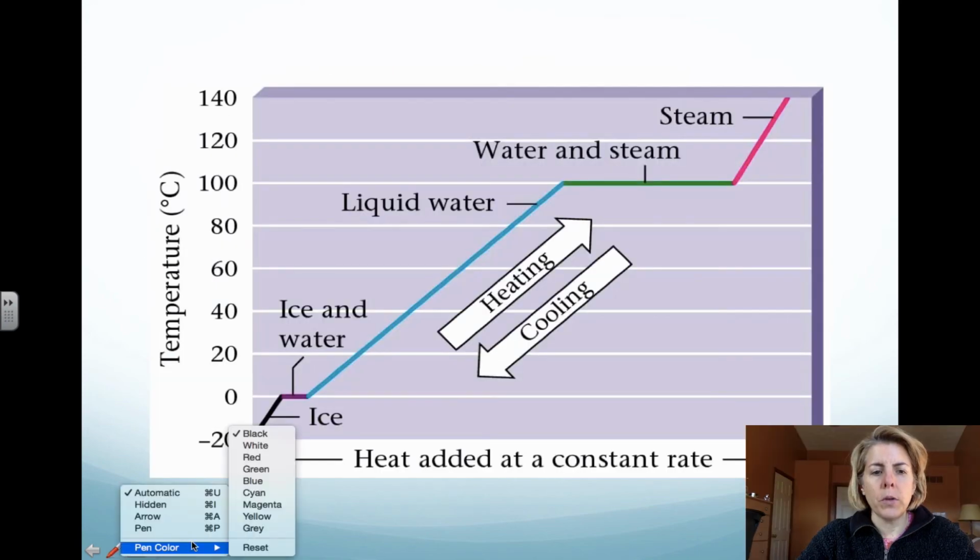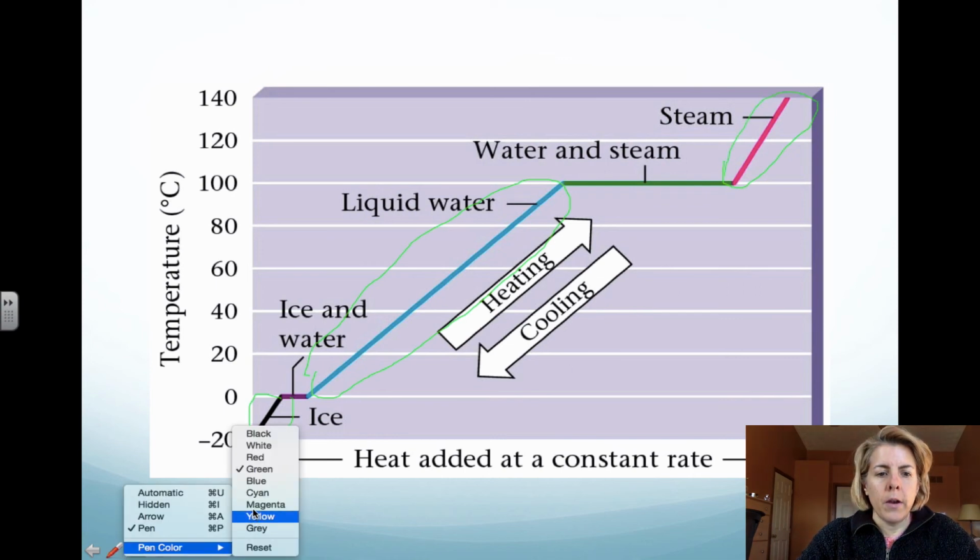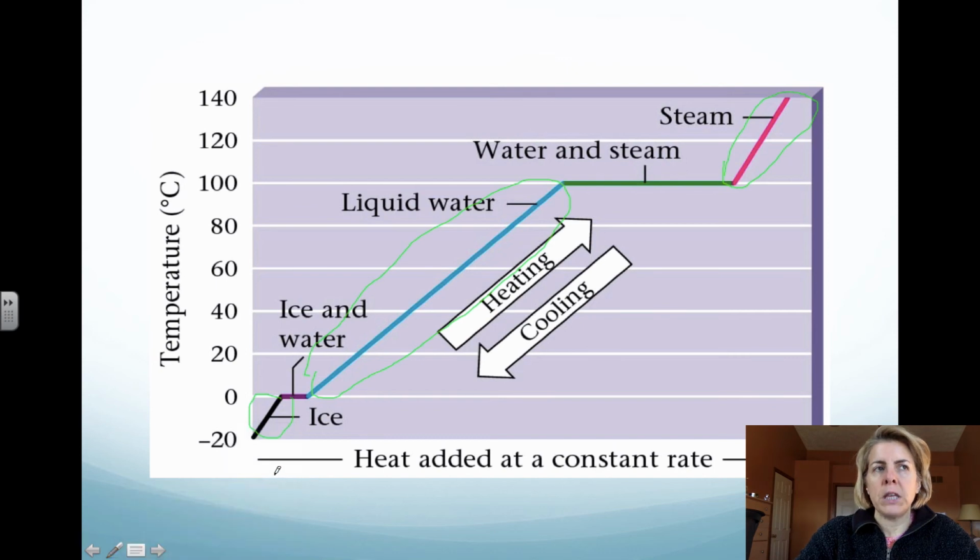So please note, when you're looking at this heating cooling curve, wherever you see a diagonal, this is where you're going to be doing the heating cooling calculations. And with that, you're looking at specific heat, change in temperature and the amount of moles.